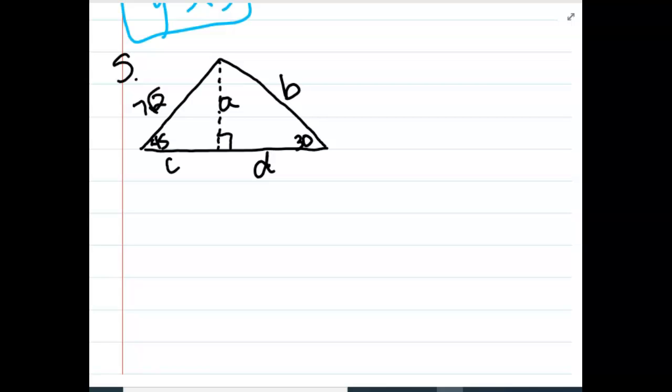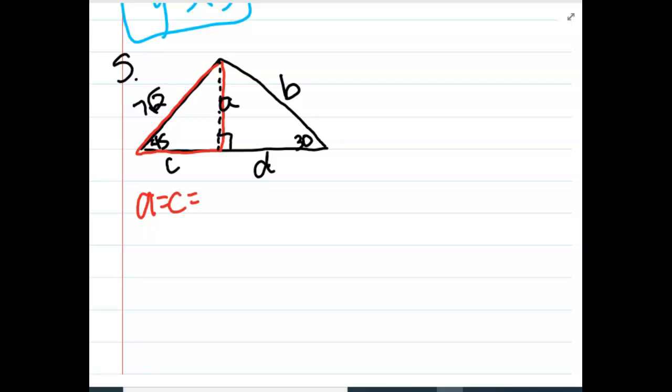So let's look first at my 45, 45, 90 triangle. Remember, the 45, 45, 90 triangle is an isosceles triangle. So if that's the hypotenuse, these are my legs, which means A and C are the same thing. Now to find A and C, you have to keep these separate. Maybe the hardest part about today is just keeping these two formulas separate.